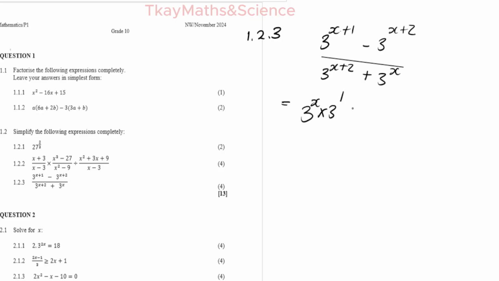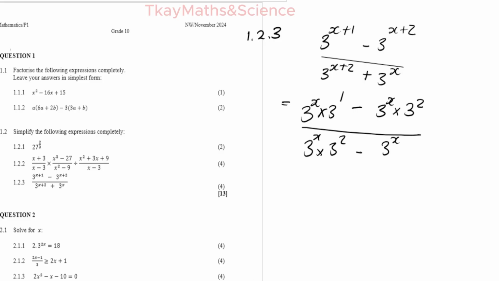We go on to this one as well and do the same. That is going to be 3 to the x times 3 squared, all over 3 to the x times 3 squared minus 3 to the x.